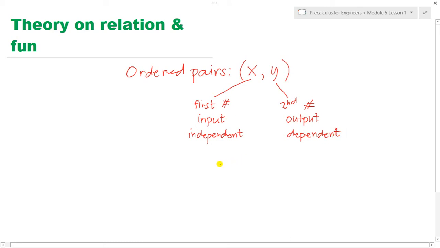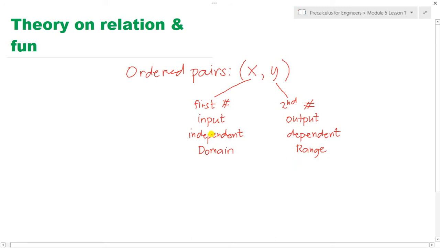And then the independent variable is considered the domain. The domain leads the result of our dependent variable. That's why our dependent variable is also called the range. Whatever your domain is will be the resulting range of your dependent variable or your output.